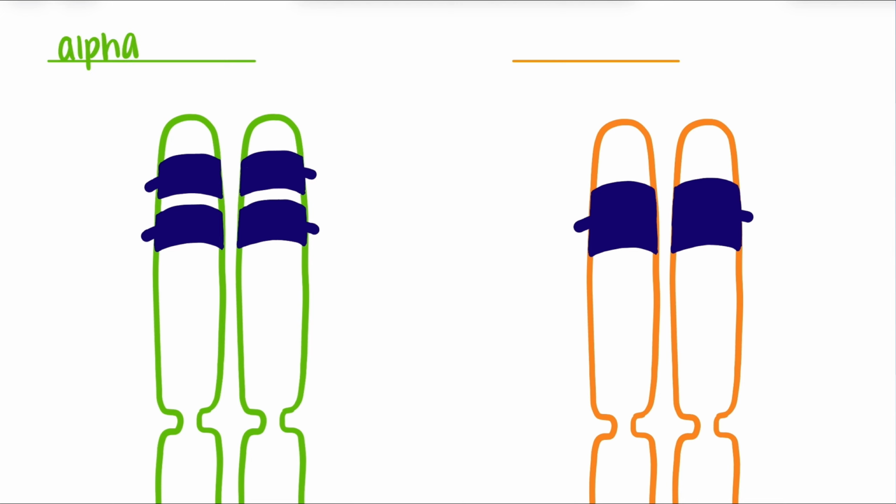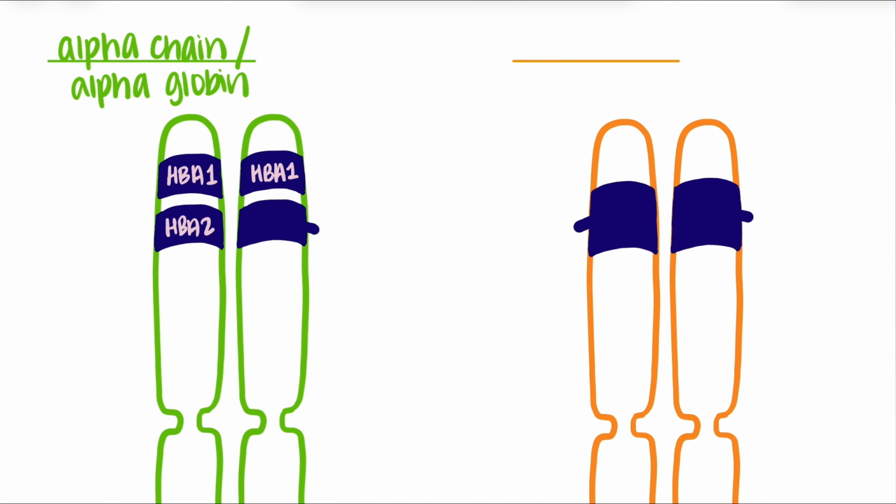The alpha chains, also known as alpha globins, are proteins encoded by both the HBA1 and HBA2 genes. These genes are almost exactly the same, and they are both located on chromosome 16 within close proximity to each other.